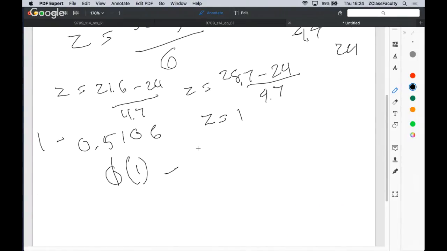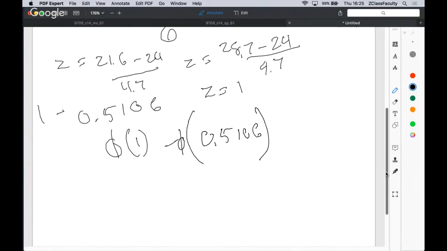That minus what is it? It was 0.5106, right? Yeah. Which then becomes, so the number is it 0.516 or minus 0.5?